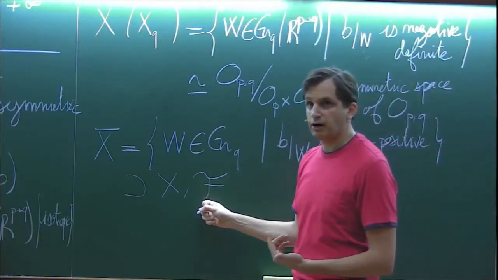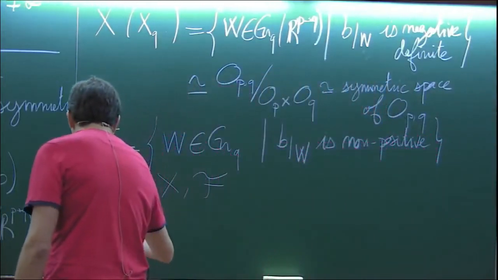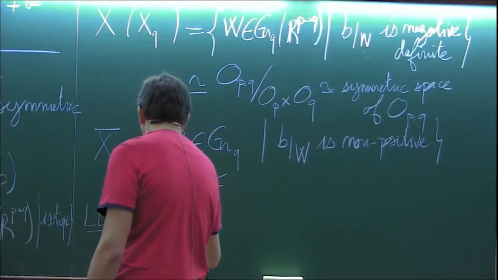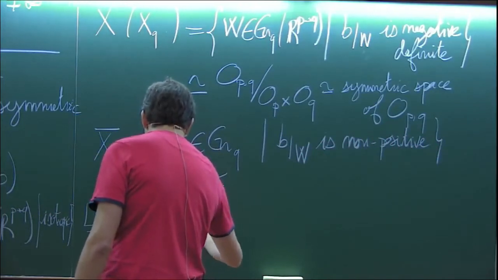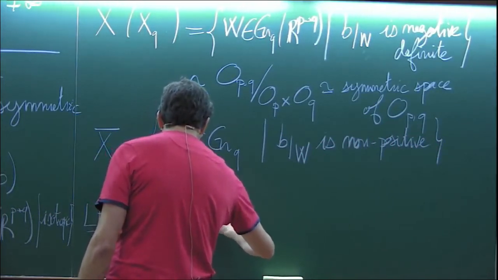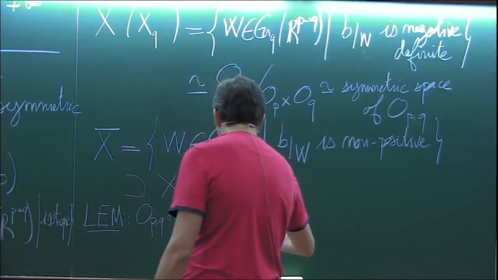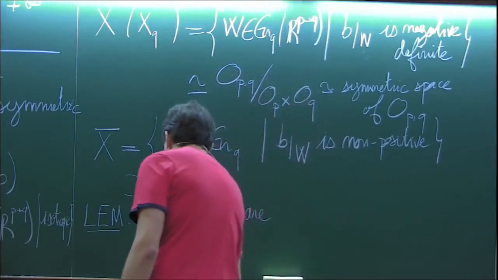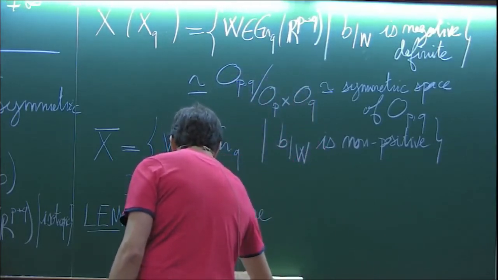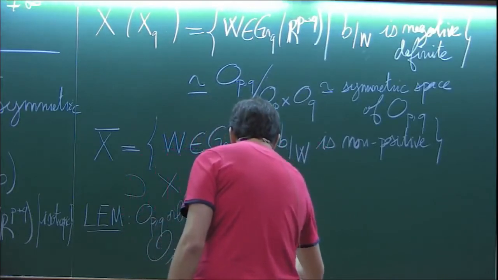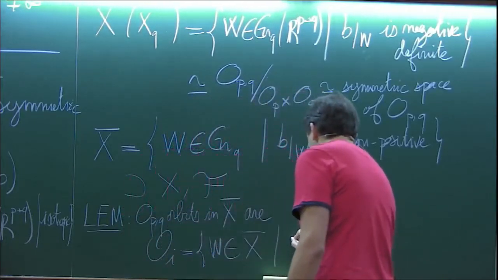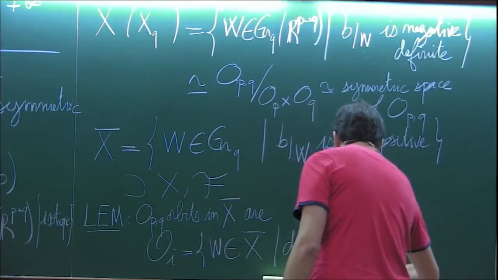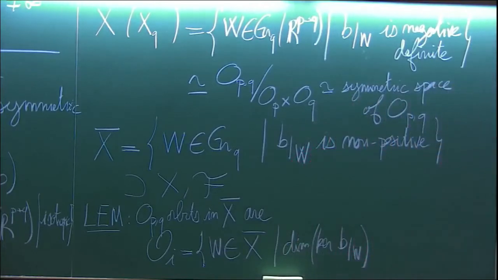And in fact, the orbits are easy to understand. So the O(P,Q) orbits in X bar are the O subscript i, which is the space of W in X bar such that the dimension of the kernel of B restricted to W is equal to i.